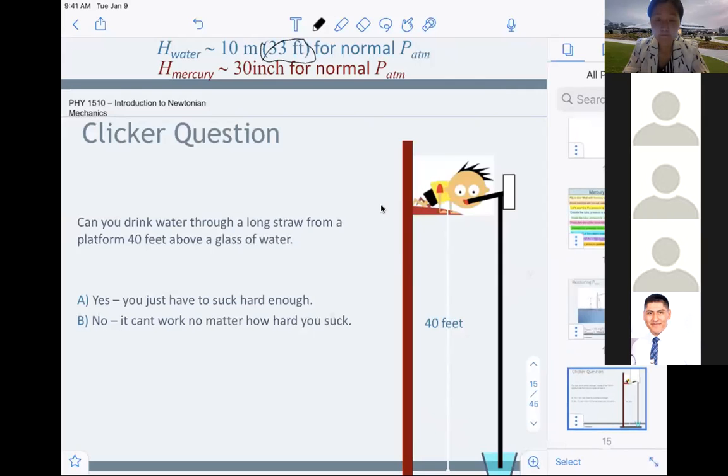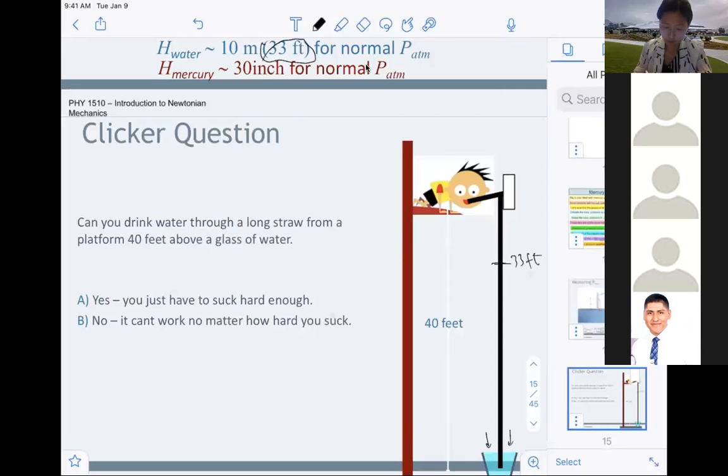So we can't really exceed the 33 feet because the atmospheric pressure will only press down so hard. And water only has a fixed density because we can't really compress a fluid, so it'll always only go up that 33 feet. So I don't think it'll actually be able to go up the other 7 into our mouth.